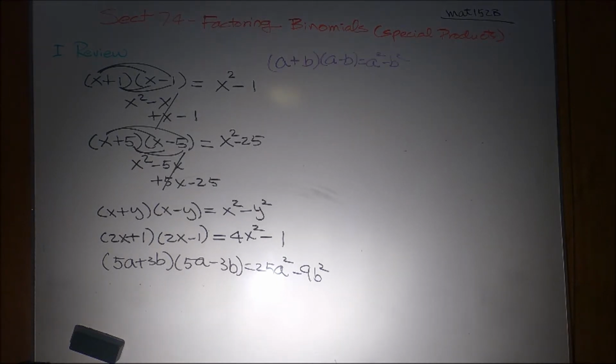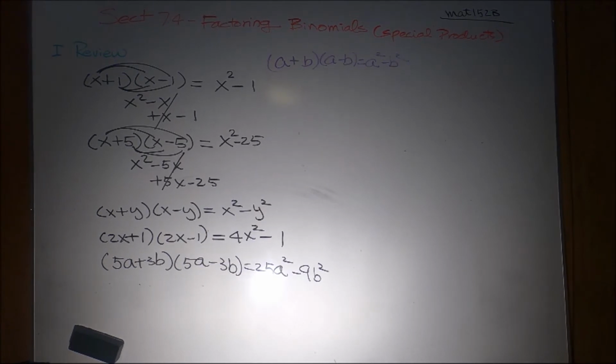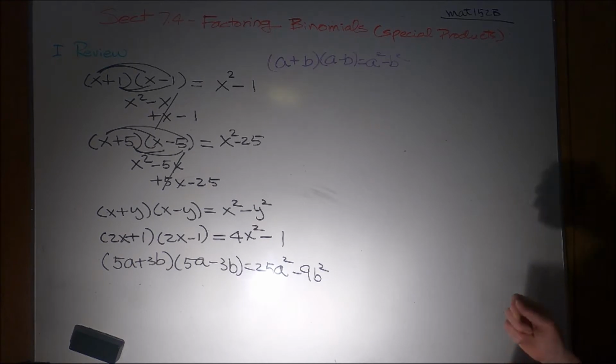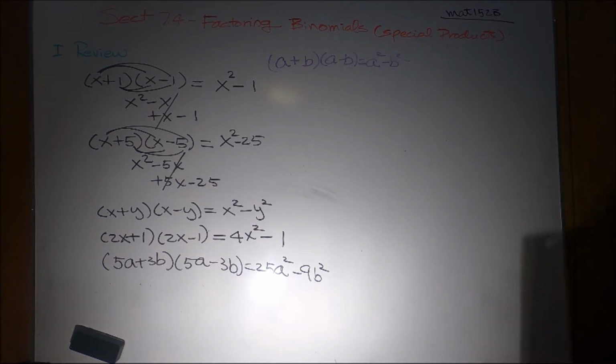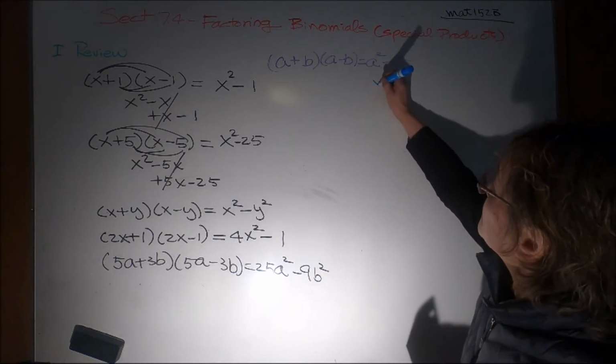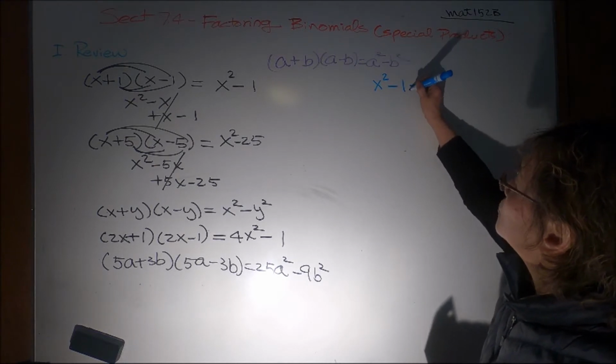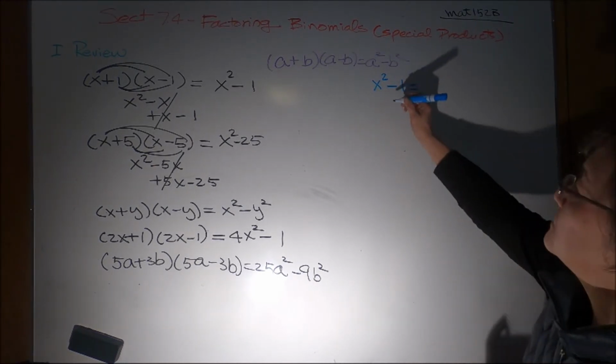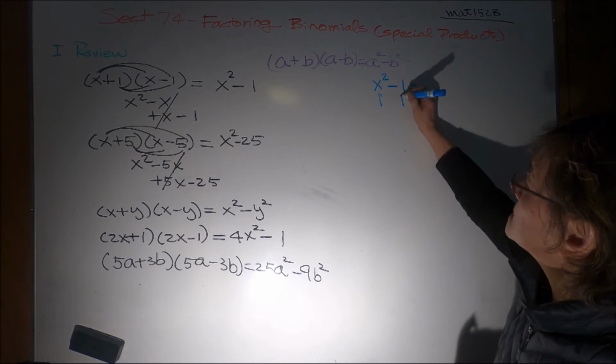Now we are going to do the opposite. That's what we are talking about in this class. We are breaking things down instead of multiplying. So what will we have? If you have x squared minus 1, what do you think? It's a first square and second square.